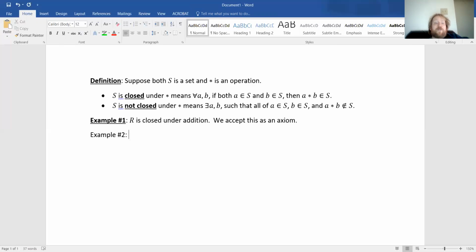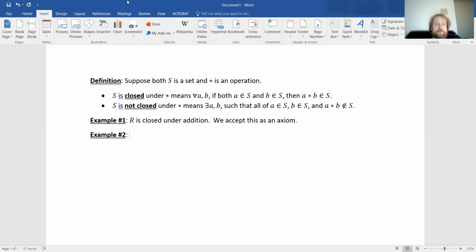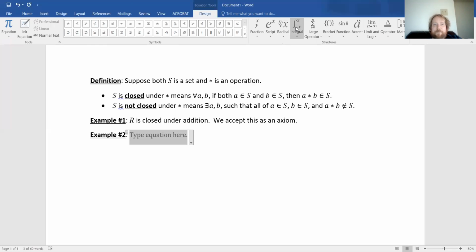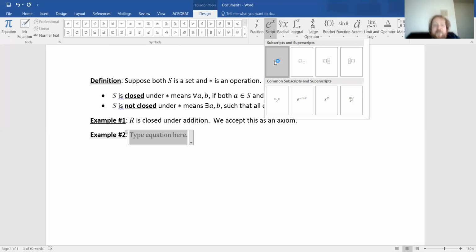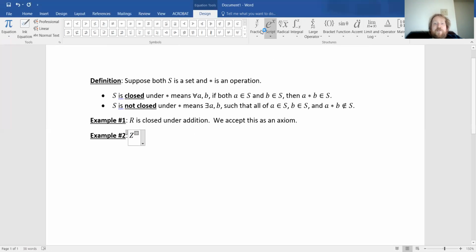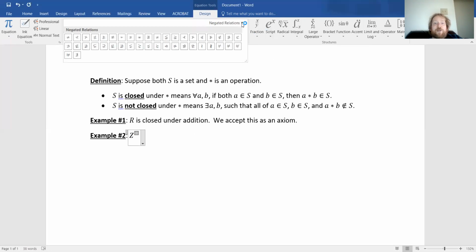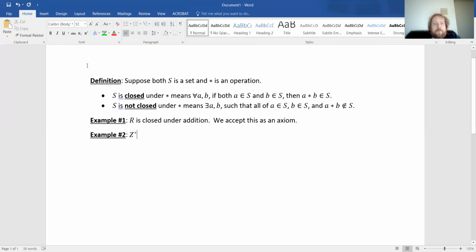Now, not every subset of a set that is closed is closed. To show this, we're going to claim that if we take Z star, the set of non-zero integers, it is not closed under addition.